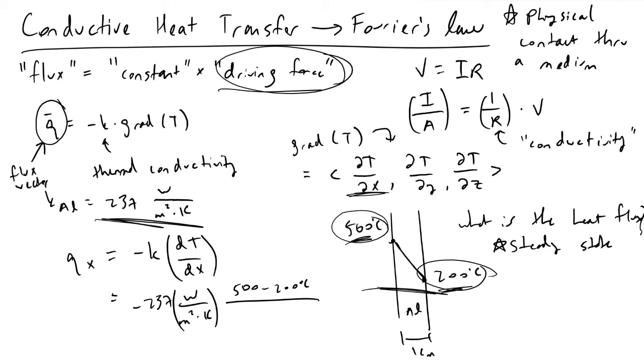and we have to make sure that our units agree. So in this case, we have 1 centimeter, and that is equivalent to 0.01 meters. And another key thing about your thermal conductivity is that the dimensions are actually watts per meter per Kelvin, not watts per meter squared per Kelvin.